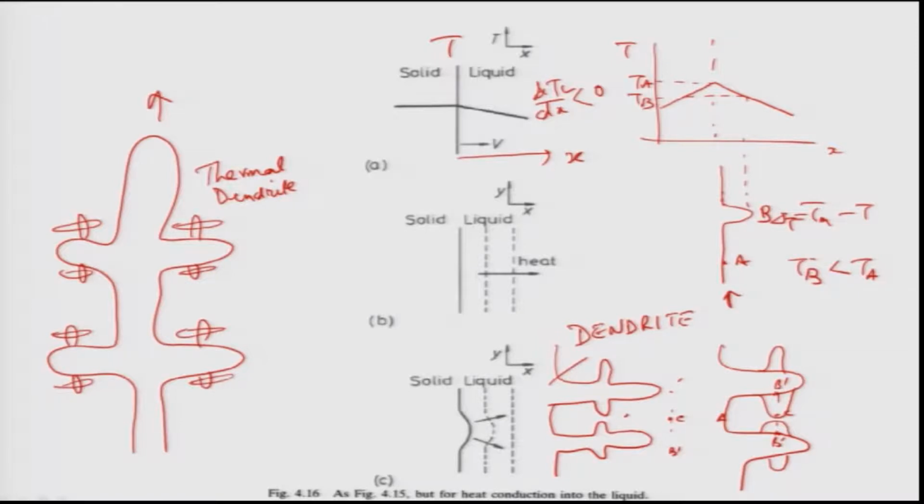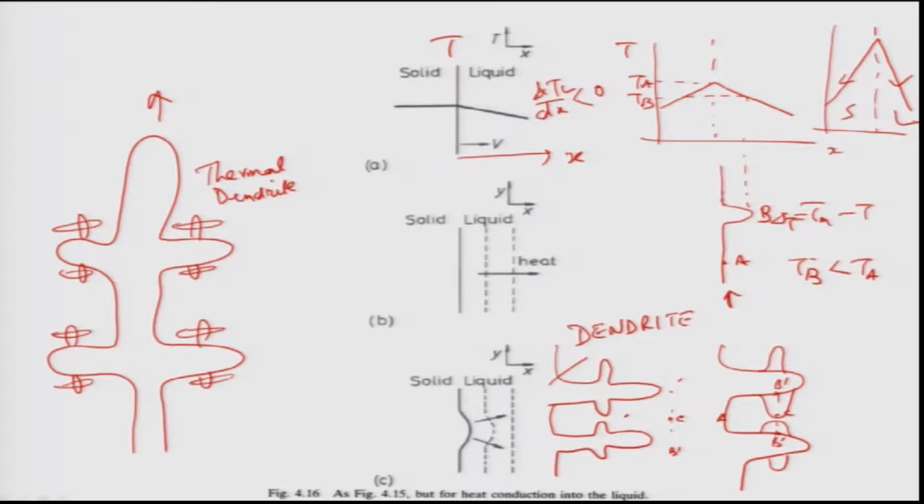Again, if I want more heat transport from the solid to the mold wall, I need a very high temperature gradient. So, if I draw a curve like this, the temperature gradients are much higher both in the liquid and solid. Because of that the heat transport will be very fast both in the liquid and solid, and this will lead to faster growth of dendrites, and that is what is done in rapid solidification.